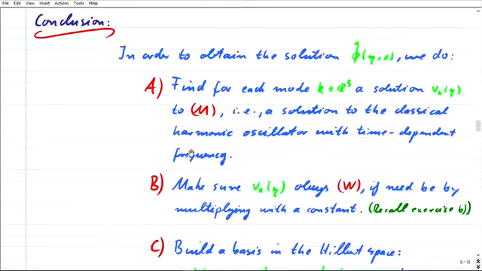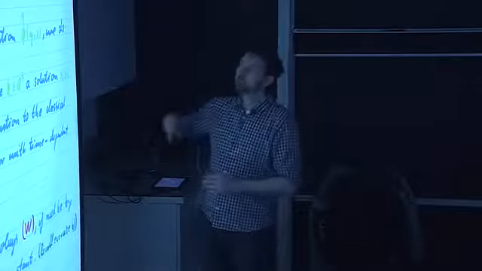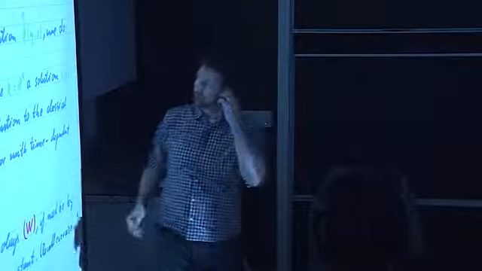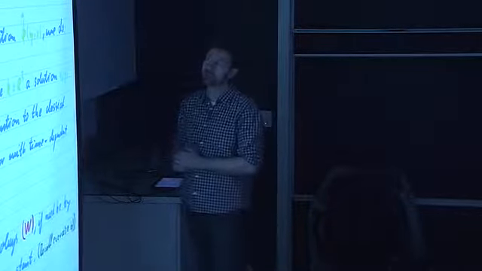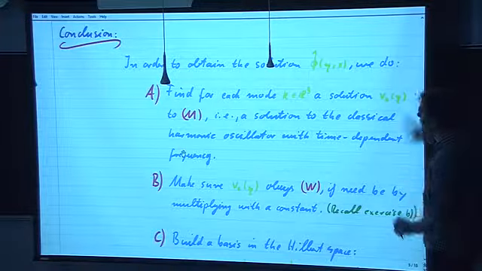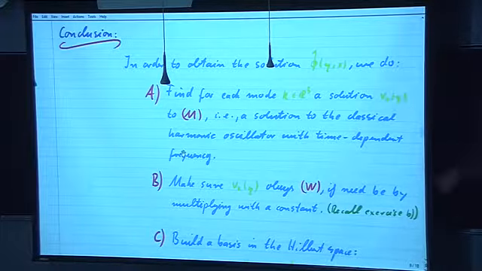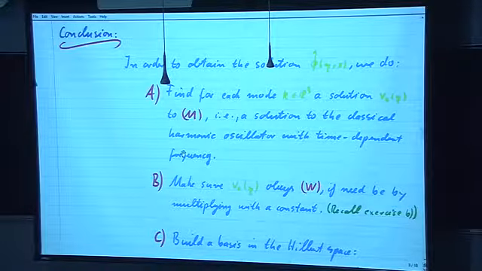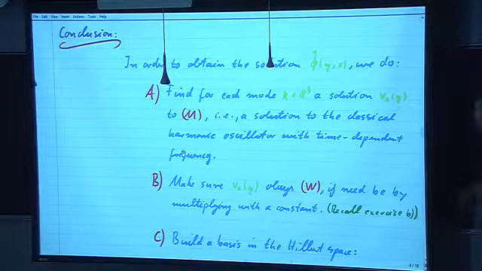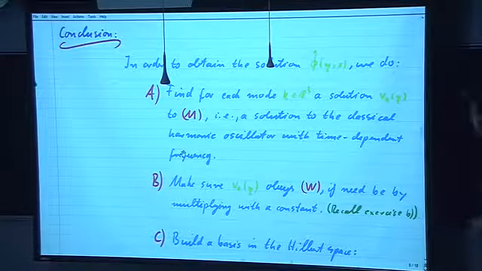Okay, so the conclusion so far is this. In order to obtain the solution to our quantum field theory on a curved expanding space-time background, we do this. We find for each mode k a mode function solution. That is a solution to the classical harmonic oscillator with time-dependent frequency.